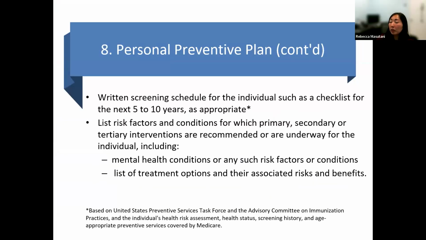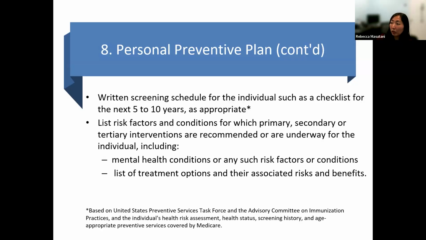It should also include a personal preventive plan, and essentially this is a written screening checklist or schedule for patients, generally based off the U.S. Preventive Services Task Force and Advisory Committee on Immunization Practices guidelines.